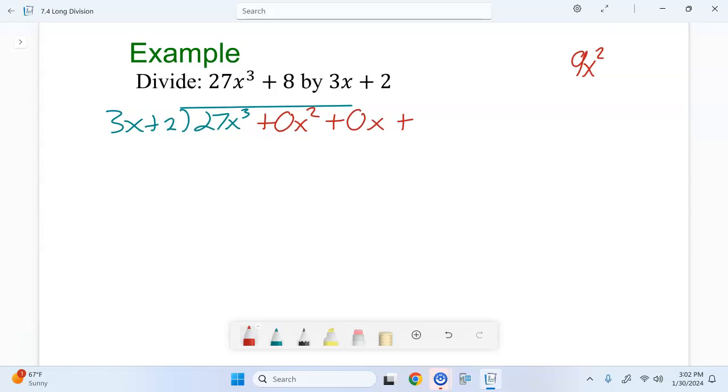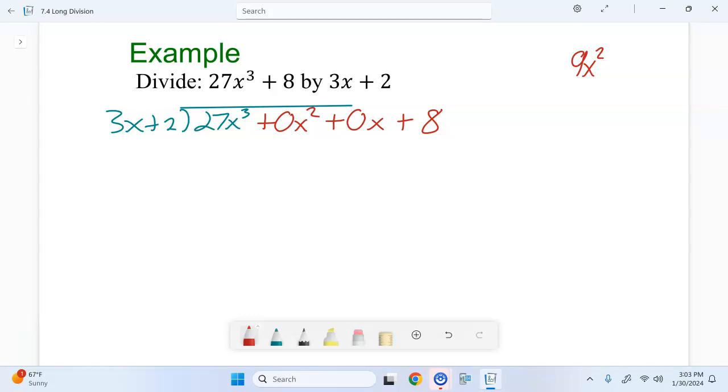You need something to subtract that 9x squared from. Where did that 9x squared come from? From 27x to the third divided by 3x. Oh, right. We need something to subtract that from. So we have to put in placeholder zeros.